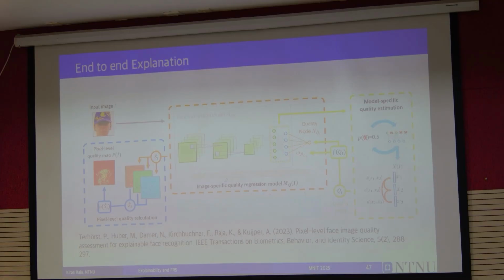Then I can back propagate and estimate all the gradients that were changing across different settings, setting number 1, setting number 2, setting number 3, and so on, and add them up. Then I can tell that these are the areas that I'm using to tell the quality of this image.